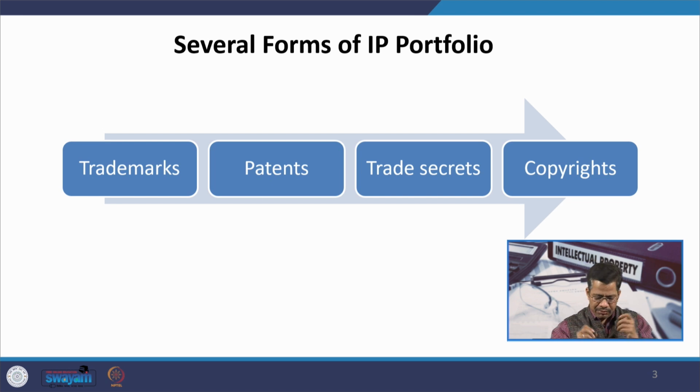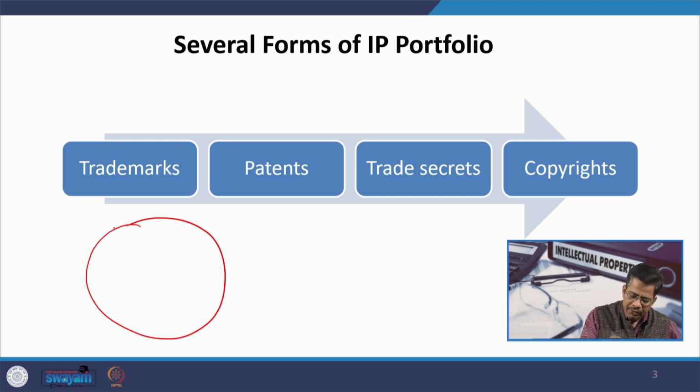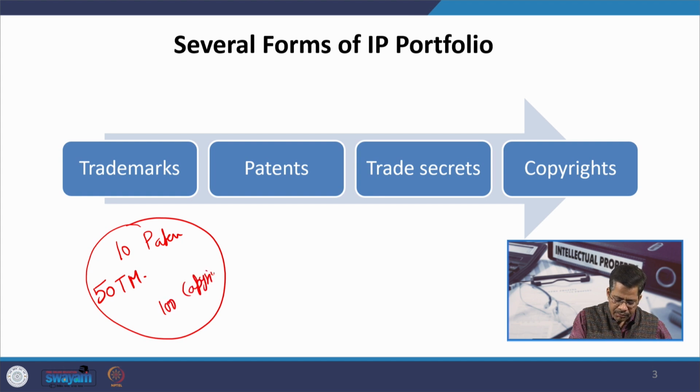Now, when I am going to discuss IP portfolio, I can discuss it at two levels. At one level, if I have this diagram here, you have 10 patents, then 50 trademarks, then 100 copyrights. This is one type of IP portfolio.